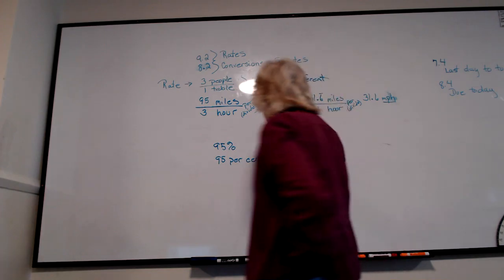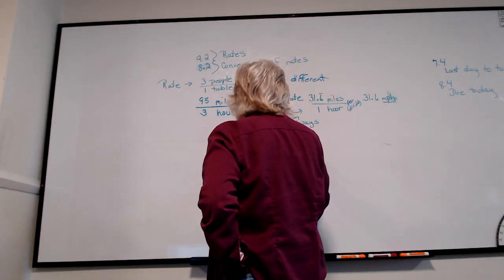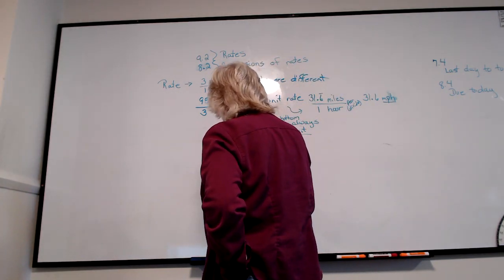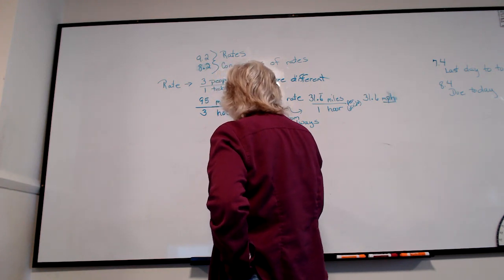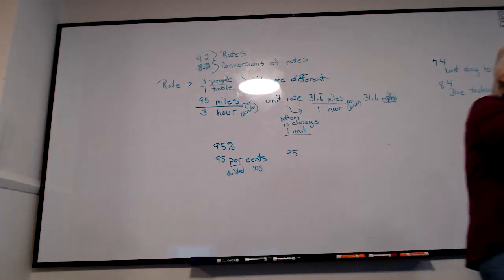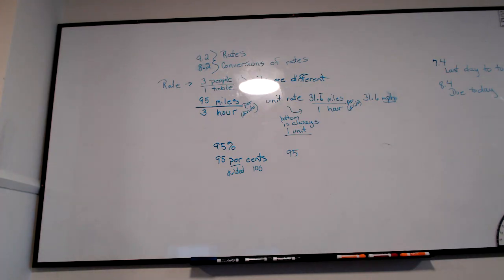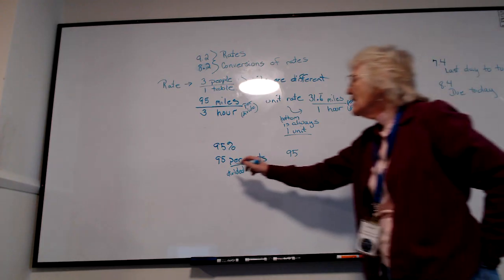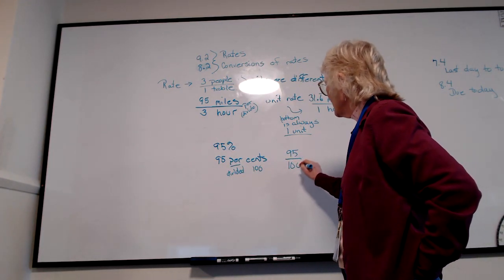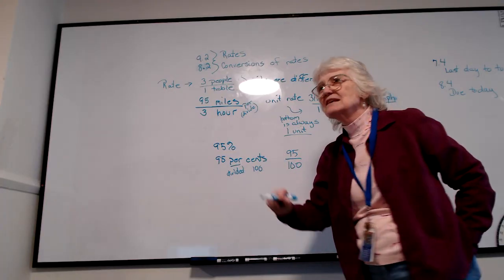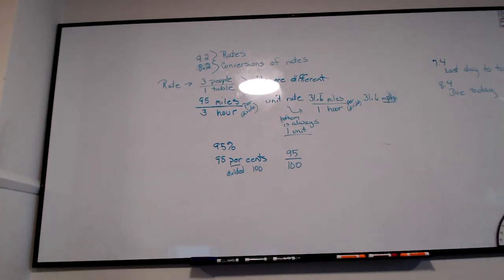So this is really 95 divided by, this means divided, this means 100, because in a century there are 100 years. In a dollar there are 100 cents. So this is 95 divided by 100. That is what that actually means, percent. Per is divided, cents is the measure of 100.